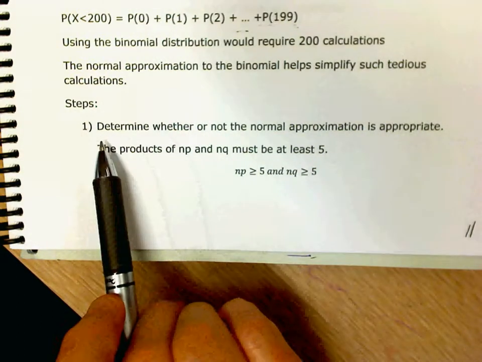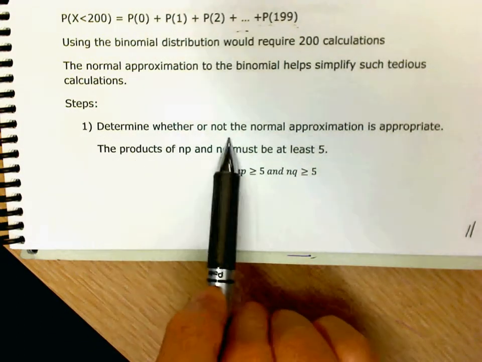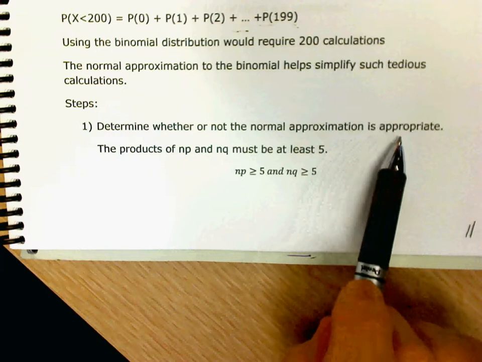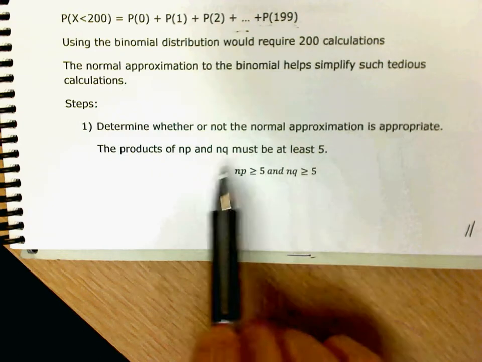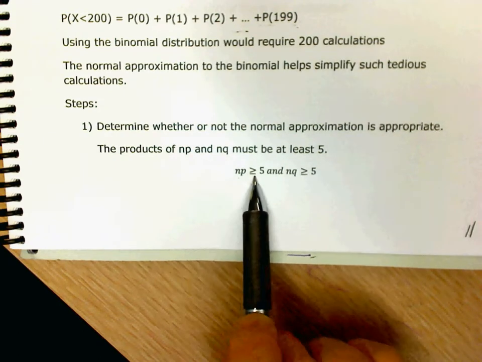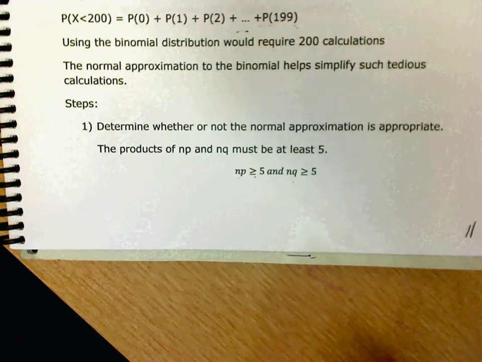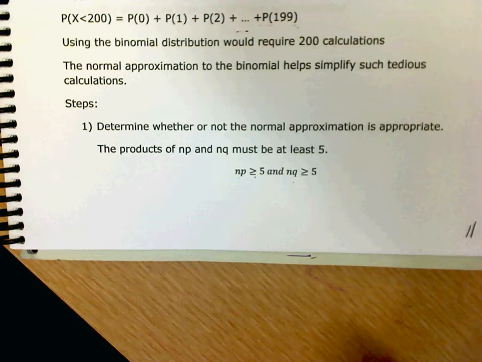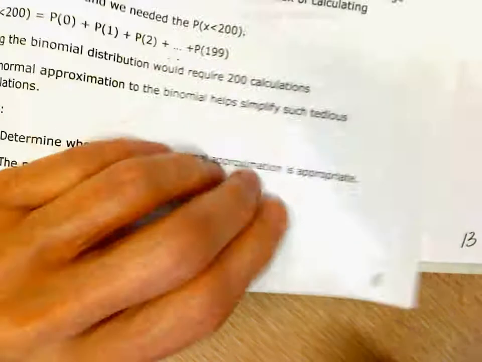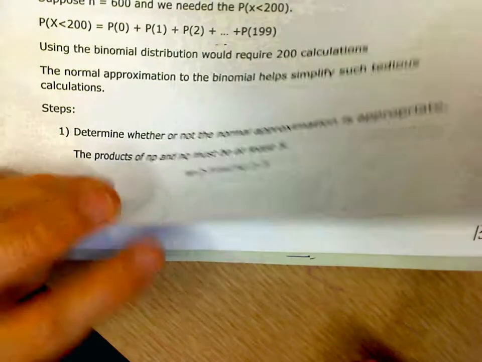These are the steps. Determine whether or not the normal approximation is appropriate. np must be greater than or equal to 5, and nq must be greater than or equal to 5. Those are the tests. That's worth a mark on a test.